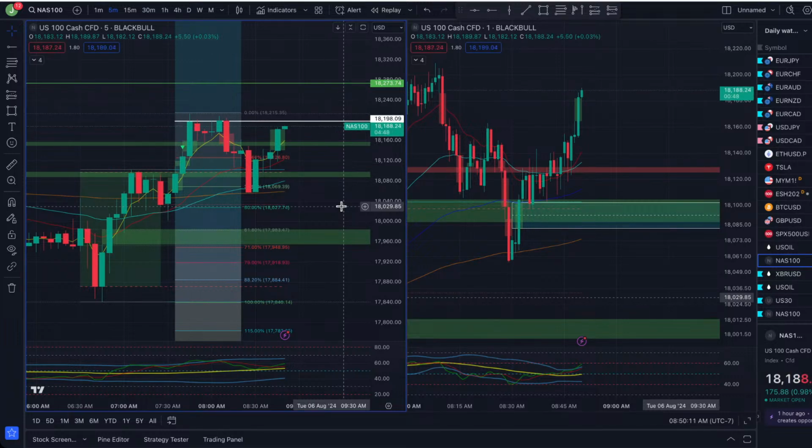Take out the relative equal highs to the left. And then that's where we will conclude the session.